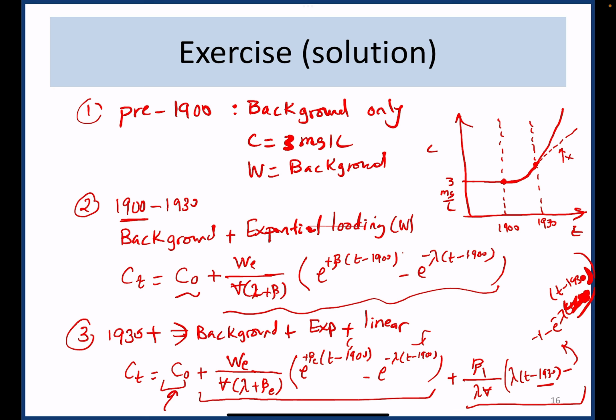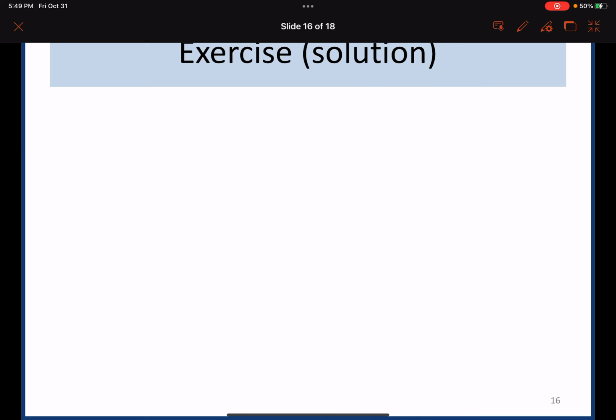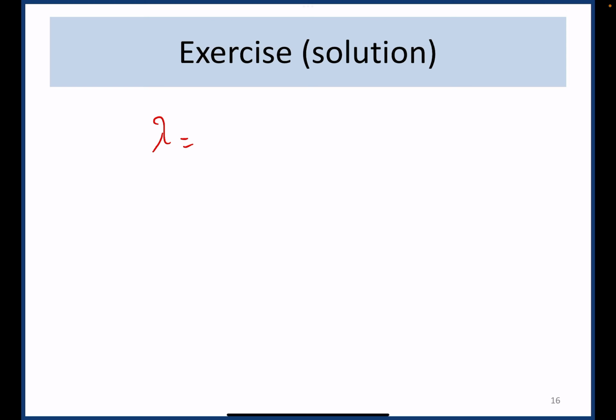And again, lambda can be found easily. Let me just show it. Lambda can be found easily if you just do lambda equals Q over volume plus K plus settling velocity over h. And since this is 0, this is 0.